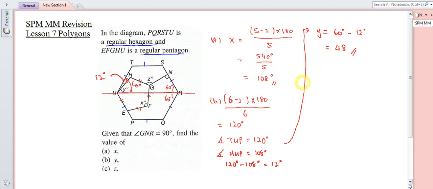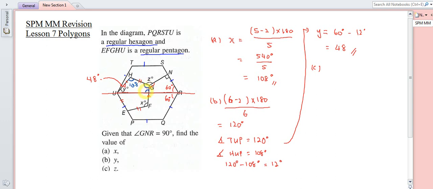Okay, the last one is z. So we know here will be a full turn. A full turn is 360. So we try to get this angle and this angle. Here 1, 2, 3, 4, 4 vertices, which means the sum of the interior angles for this part will be equal to 360. Just now we calculated this is 108, and here also the same thing, 108.